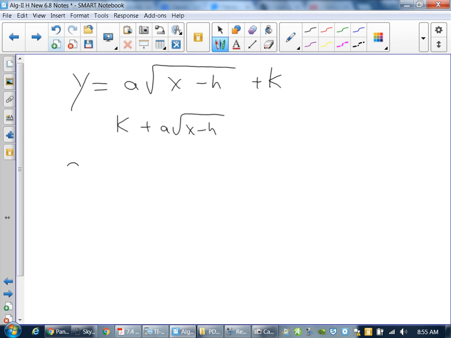So your a value, think of this as a scalar. Your h value is your horizontal shift. Scalar? What does that mean? No, not like scales on a fish. A scalar multiplier is if you have 2 times the square root of x.